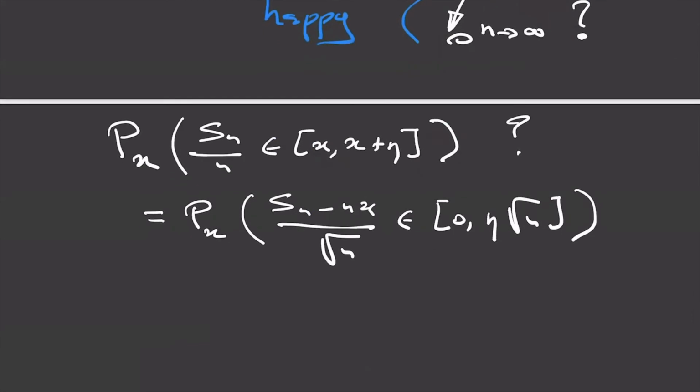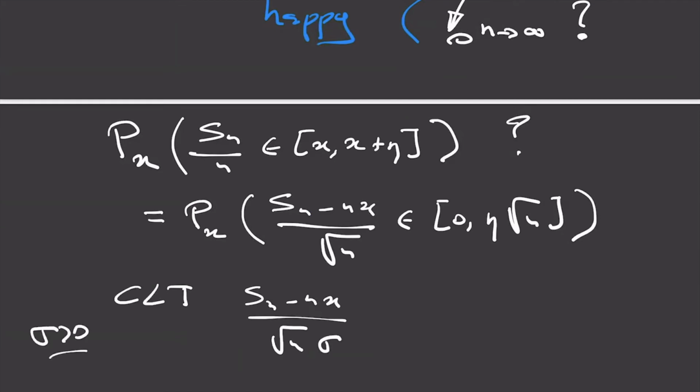And what is the behavior of Sn minus n times x over root n? The variables are bounded, they have moments of any order. So we know that the CLT applies, and we know that Sn minus n times x over root n, over some quantity sigma, which is the square root of the variance of the variables, converges in distribution to a standard normal.